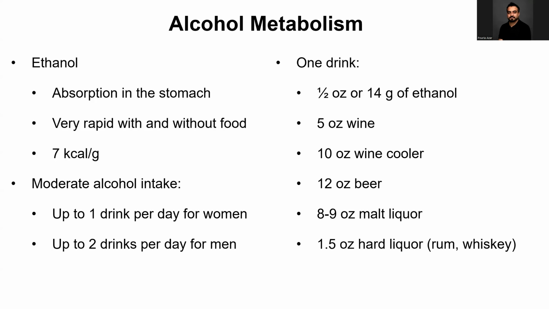It's about half an ounce or 14 grams of ethanol, which equals 5 ounces of wine, 10 ounces of wine cooler, 12 ounces of beer, and so forth. So 5 ounces of wine is 1 drink of alcohol.